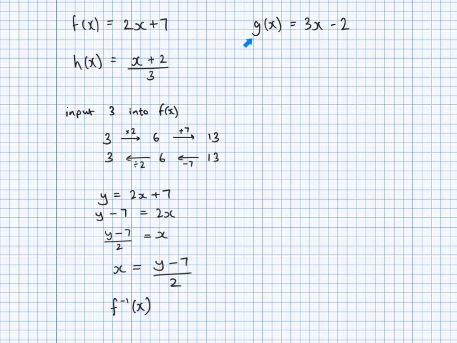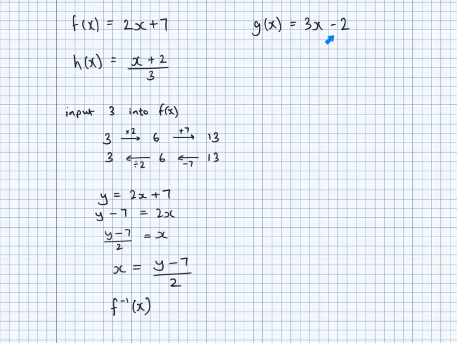If I was to find the inverse function of g of x, I would denote it with g minus 1 of x. Now, the function that takes me from my output back to my input is take away 7, divide by 2. Remember, when we write functions, we write them in terms of x. So this function is in terms of x.